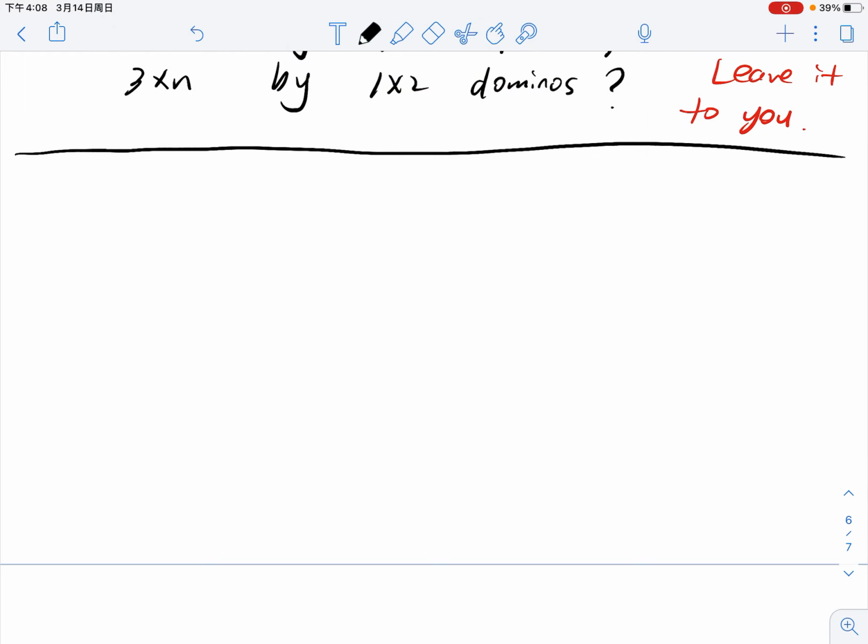Okay, another interesting property is the Fibonacci sequence has a relation to the binomial coefficients. So we first look at the collection of all the binomial coefficients organized as a Pascal triangle.